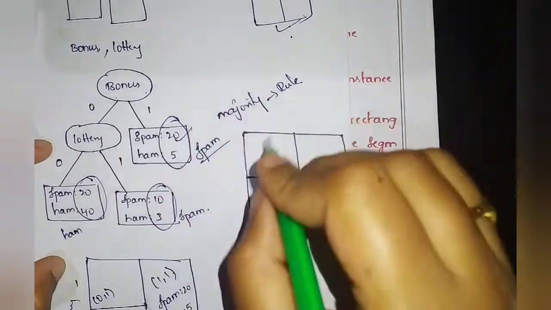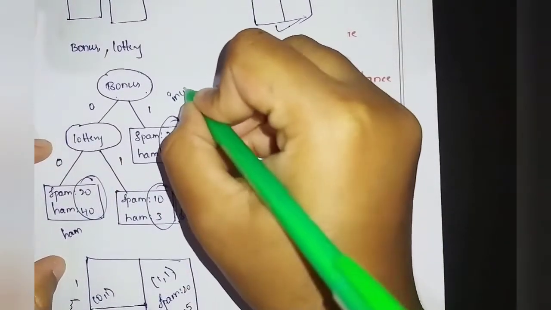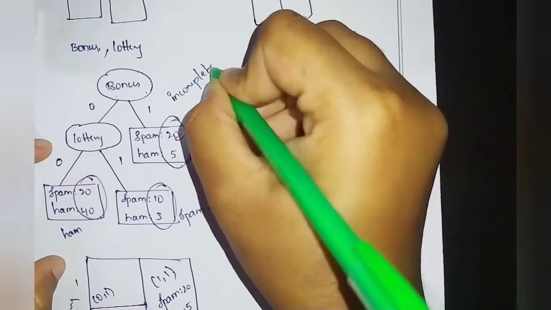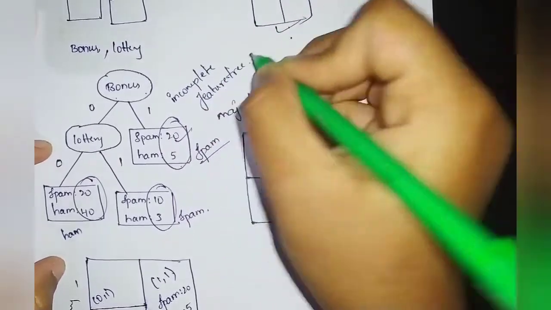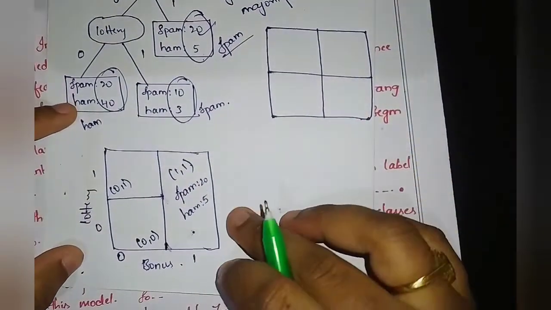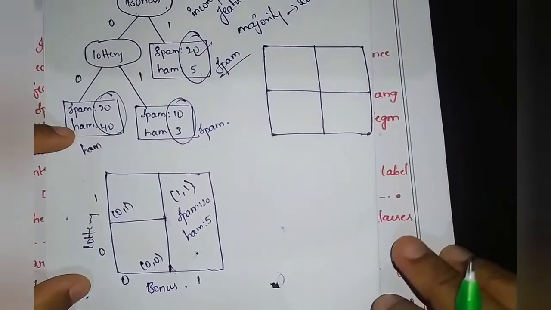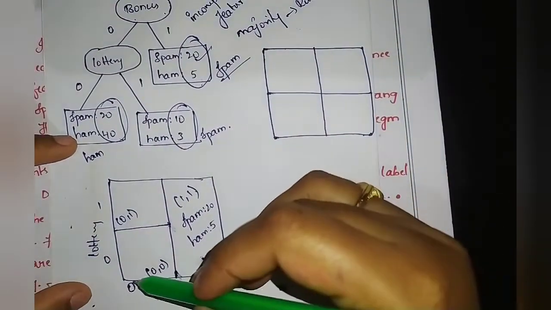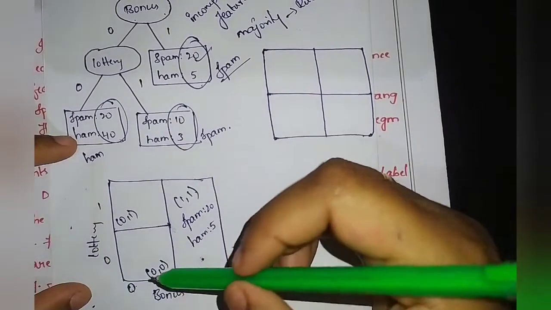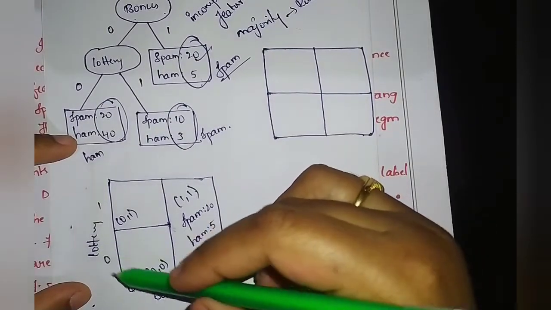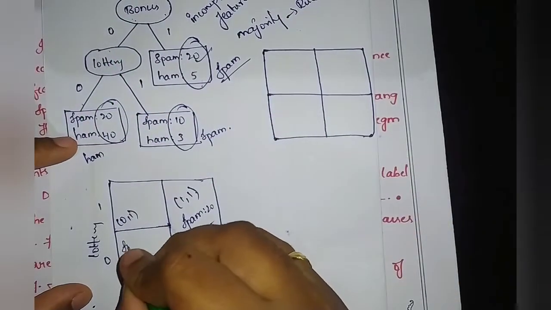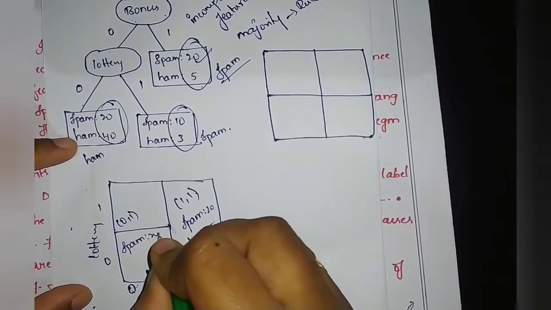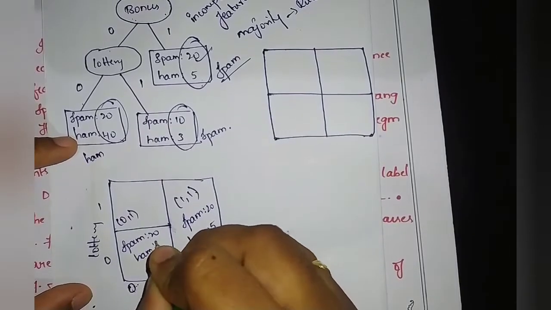However, it's just an incomplete feature tree, okay? As this is an incomplete feature tree, here both the quadrants remain same. Now according to this, when bonus is 0 and lottery is also 0, then our spam will be 20 and ham class as it's represented.